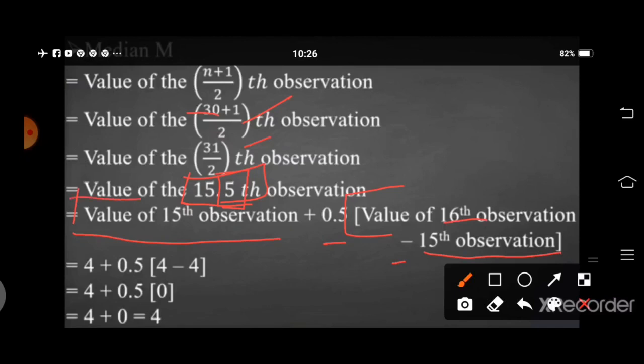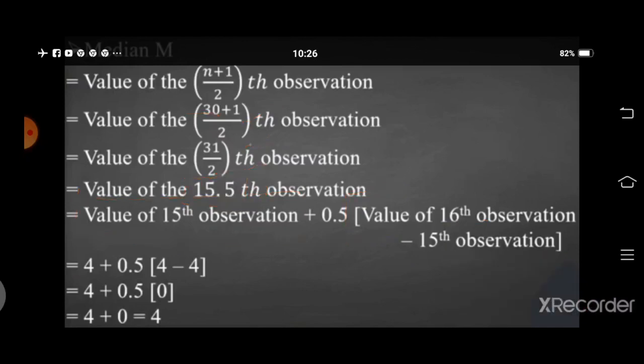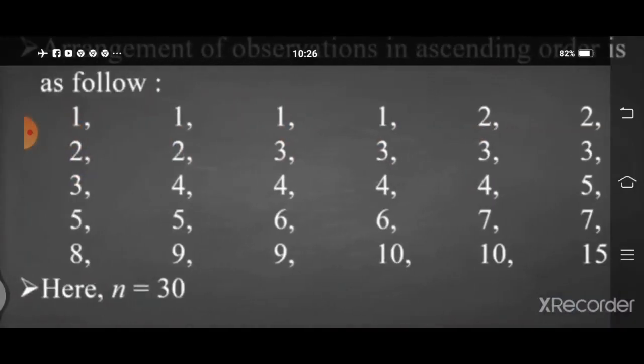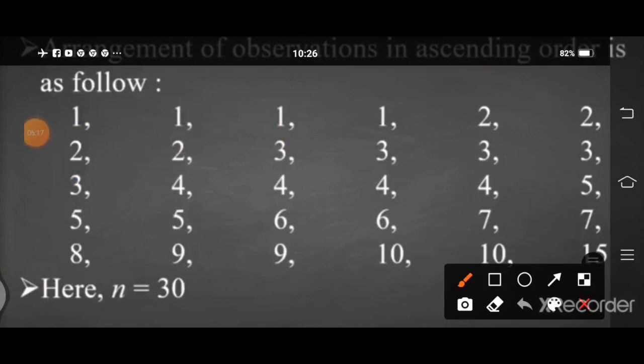Value of the 15th observation, what we have arranged in ascending order, 1 2 3 4 5 6 7 8 9 10 11 12 13 14. Now here they have given us the 15th observation. According to that, our value is 4.